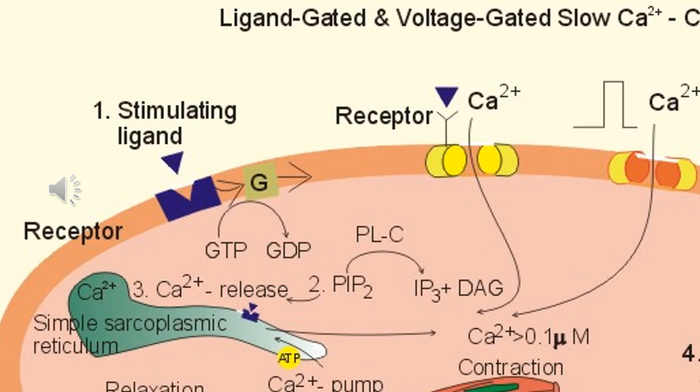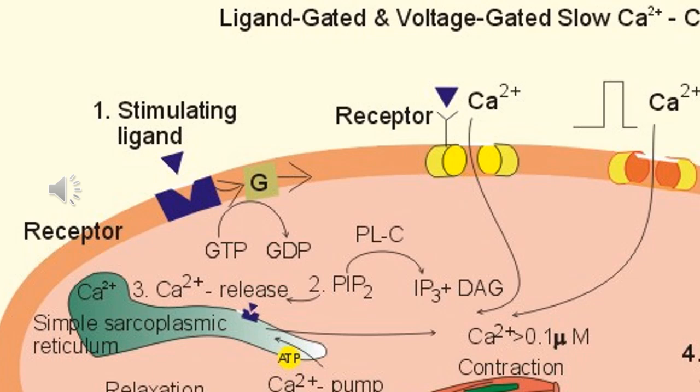First of all, here we have the ligand itself can bind to a receptor, and this will activate the receptor, which is coupled with a G protein, which can then change GTP to GDP, and this reaction will allow us to change the PIP2, which is found on the membrane, to form IP3.